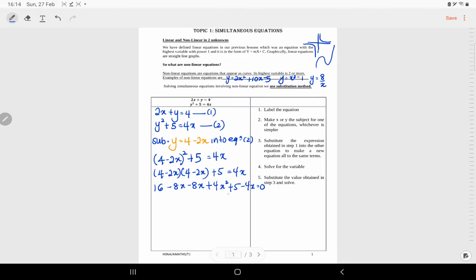So simplify this, I will get 4x squared minus 8x minus 8x, and I have negative 4x here. So minus 8x minus 8x minus 4x, that will be minus 20x. Then take all your constants.